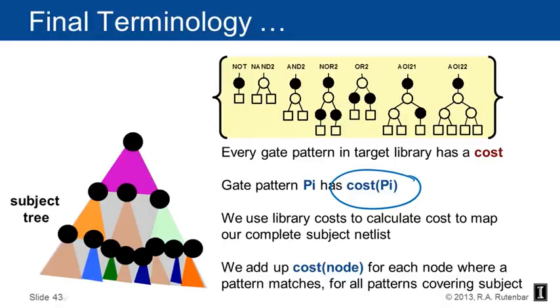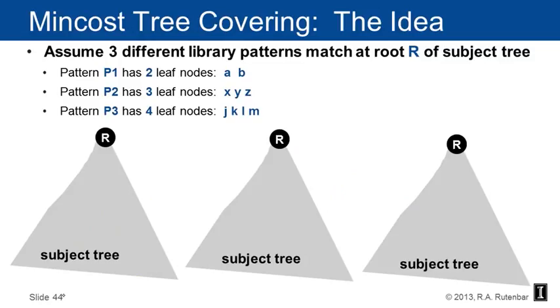And at the bottom of each one of these triangles, there's a bunch of little black circles, because that's where the leaf nodes match. And the way it works is that the top of one triangle that represents a pattern tree matches the bottom, the leaf node, of another triangle. And we're going to cover all the nodes in the subject tree and then add up all those costs, and that's what it costs to map this thing.